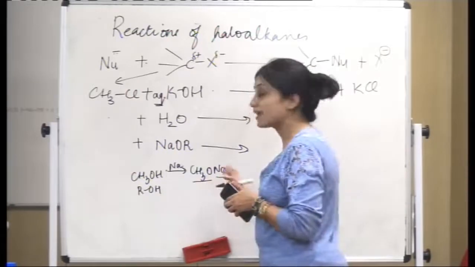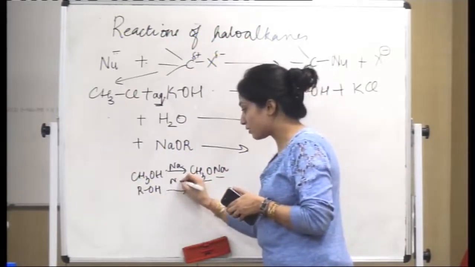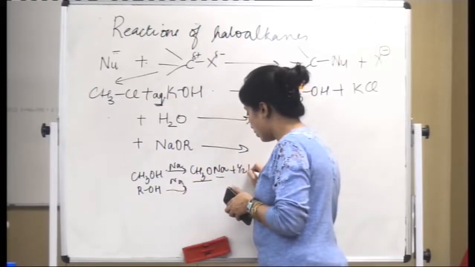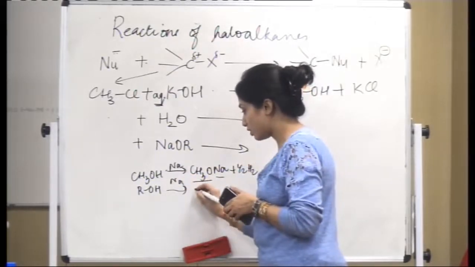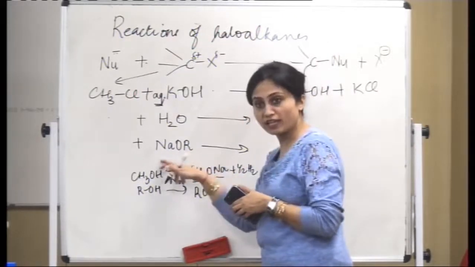This is known as an alkoxide. So sodium methoxide, और generally अगर मैं इस reaction को लिखूंगी plus half H2, and generally if I write this reaction it will be RONa which is NaOR, और RONa एक ही बात है.